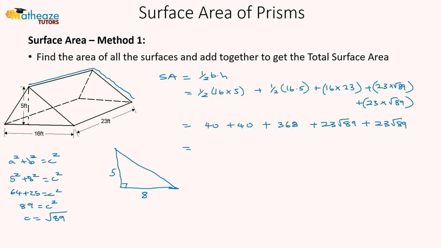So this is going to give us 40 plus 40, that's 80, plus 368, which is going to be 448 plus 46 square root of 89 square feet.